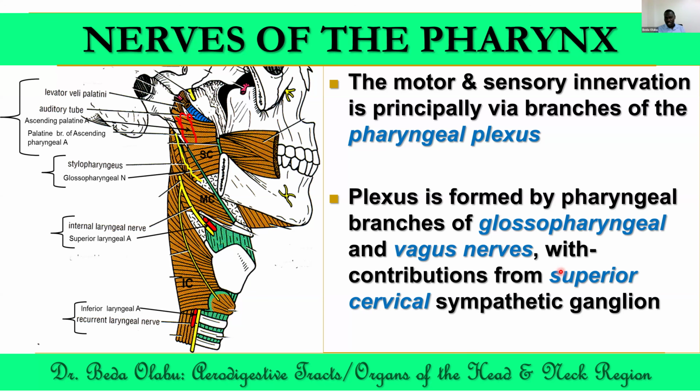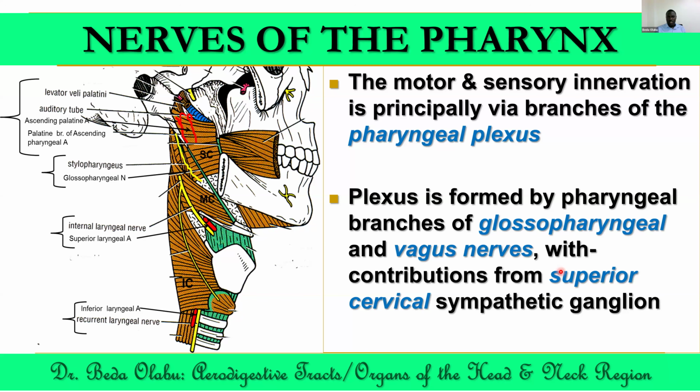But if you are to trace the branches with the fibers within vagus nerve to their origin, we'll trace some of them to the original vagus nerve from the brainstem, and other fibers from the original accessory nerve from the brainstem. Now, we also have contributions to this plexus from the superior cervical sympathetic ganglion, giving us postganglionic sympathetic fibers for sympathetic functions around the pharynx.